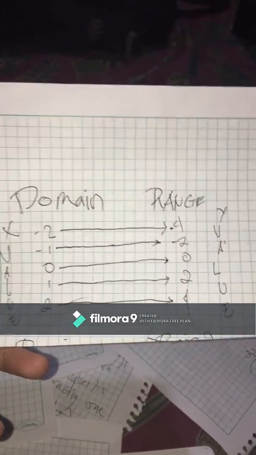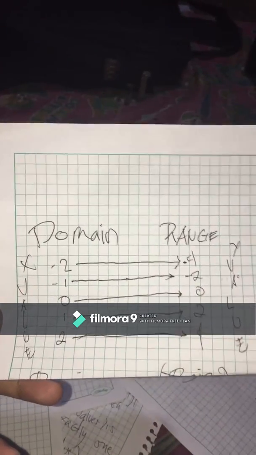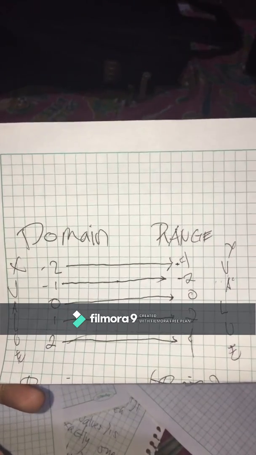So, solving the absolute function: the formula of absolute value is paired with exactly one value. First, we need to know the domain and range of a function. x is the domain and y is the range.